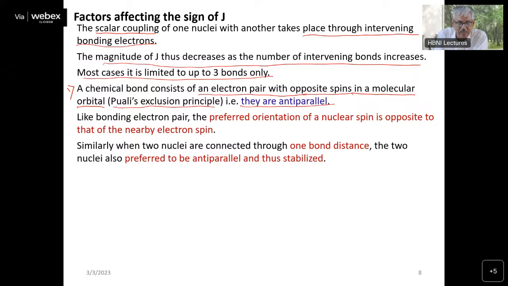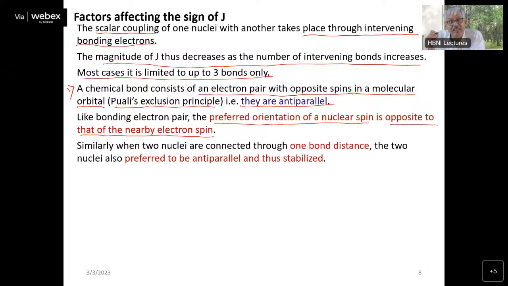Next is the bonding electron pair. The preferred orientation of a nuclear spin is opposite to that of the nearby bonding electron.